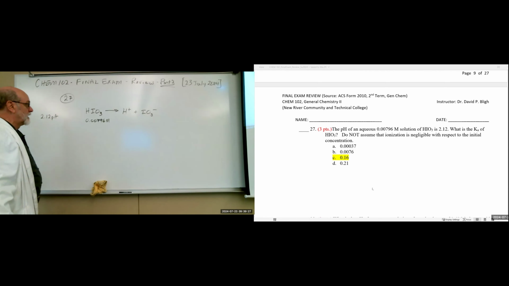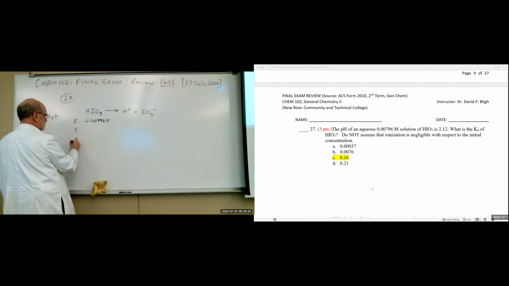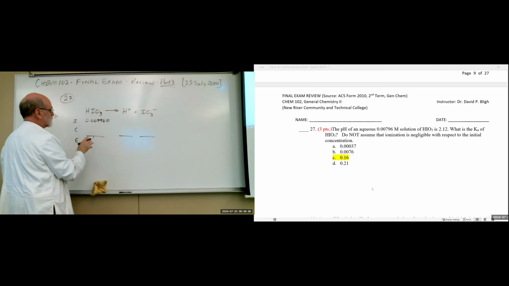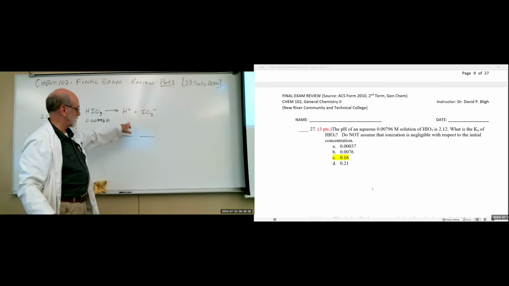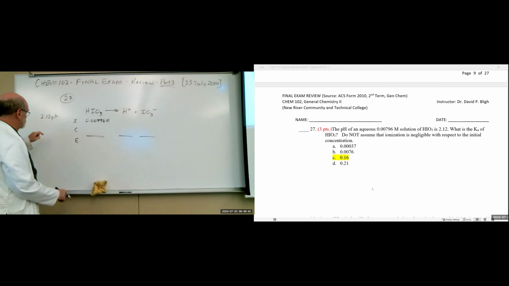If this is the initial concentration, what is the concentration at equilibrium? That tells us right there.